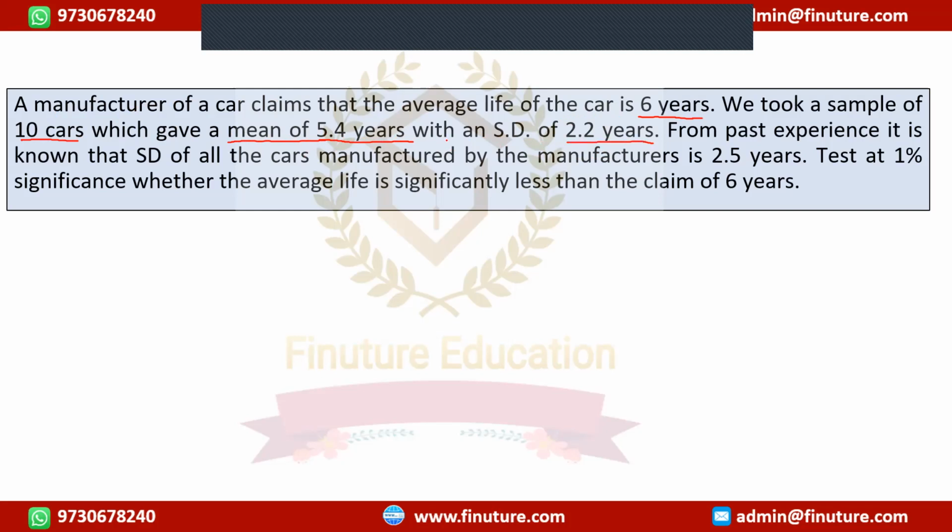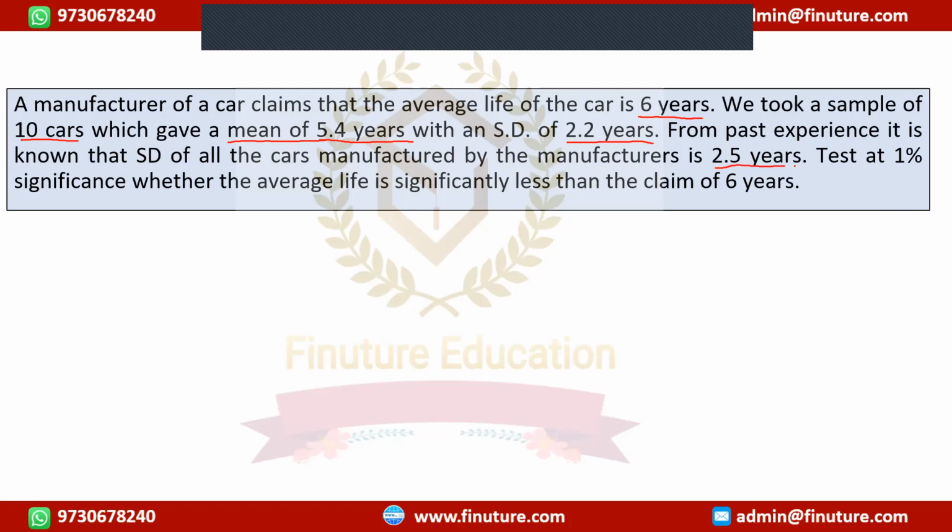Standard deviation means there would be a few cars which would be higher than this mean, and there would be a few cars which would be lower than this mean. That's what this standard deviation means over here. And from past experience, it is known that the standard deviation of all cars manufactured by the manufacturer is 2.5 years.